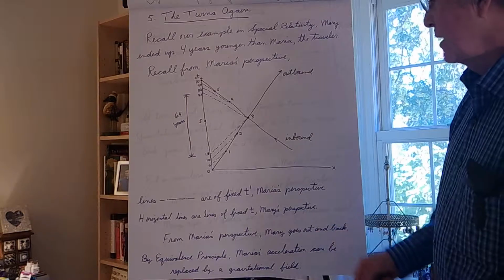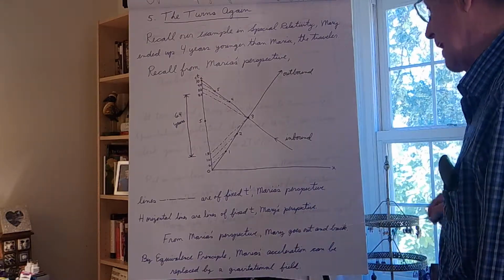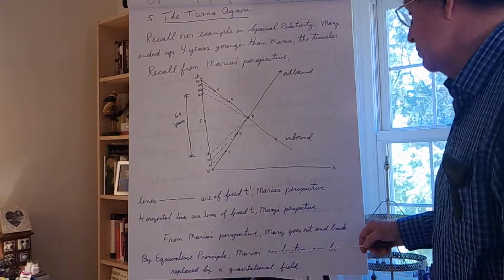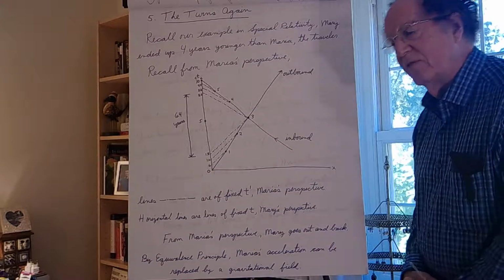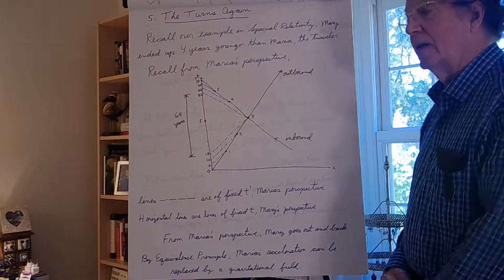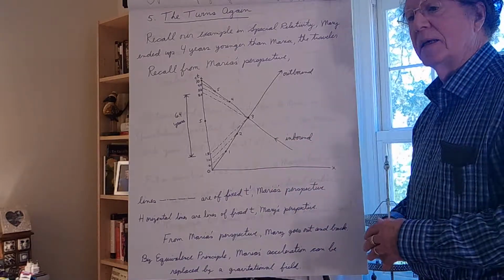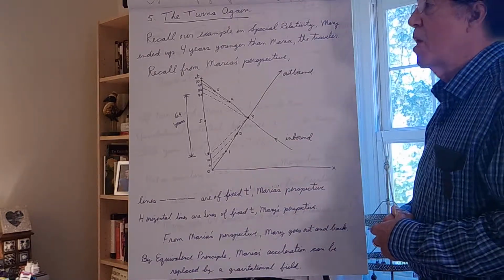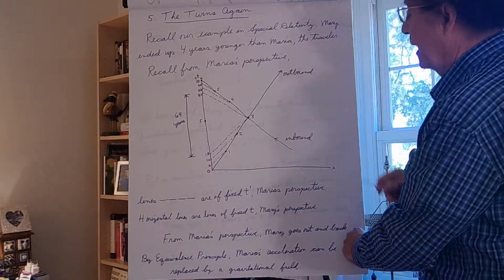But now let's take a look at that acceleration. From Maria's perspective, Mary goes out and back, and by the equivalence principle, Maria's acceleration can be replaced by a gravitational field. She jumps from one rocket to the other, or one could say she's in one rocket that has an acceleration from plus v to minus v in a very short period of time.